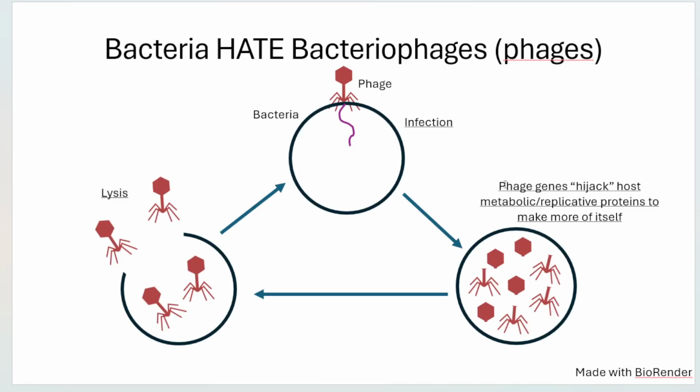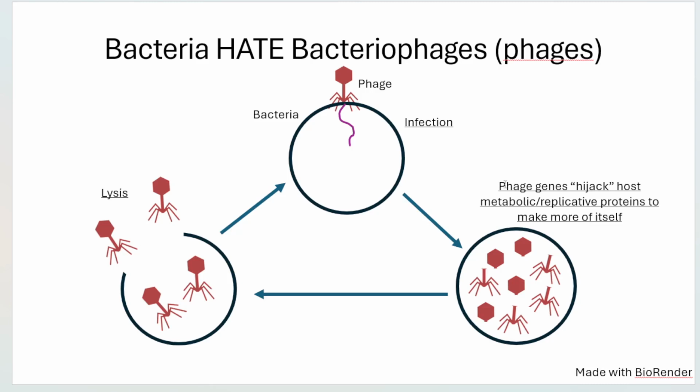So, bacteria hate bacteriophages in a nutshell, simply because phages need bacteria to replicate, and it usually ends in the death of the bacteria and the surrounding bacterial colony. Because a phage will inject its genome into the bacteria, and the genes from the phage will hijack host metabolic and replicative proteins to make more of itself.